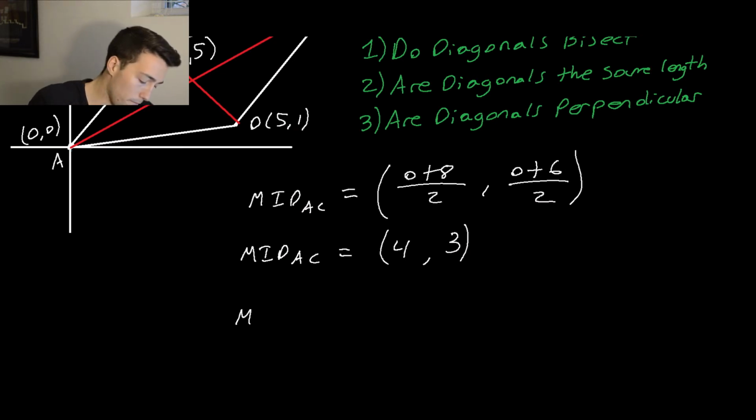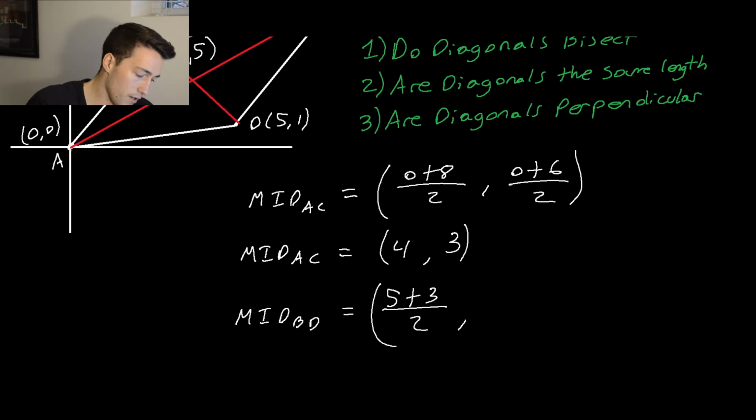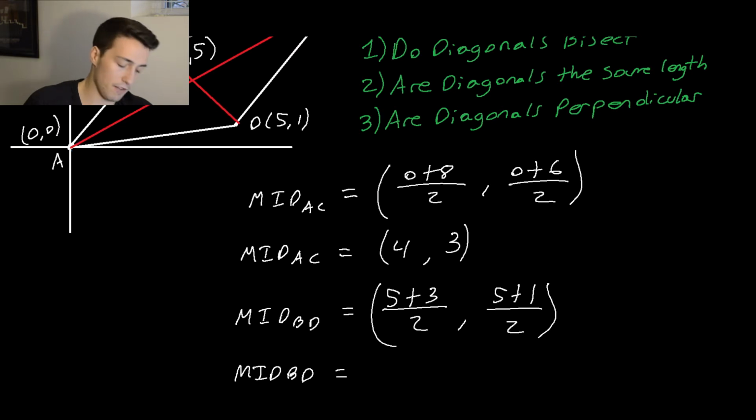The midpoint for line BD is going to be (5 plus 3) divided by 2, and then (5 plus 1) divided by 2. So the midpoint of BD is equal to 8 over 2, so that's 4, and 6 over 2, so that's also 3.